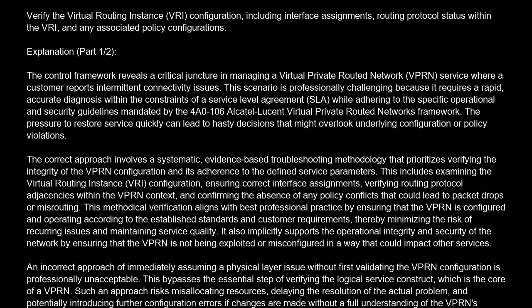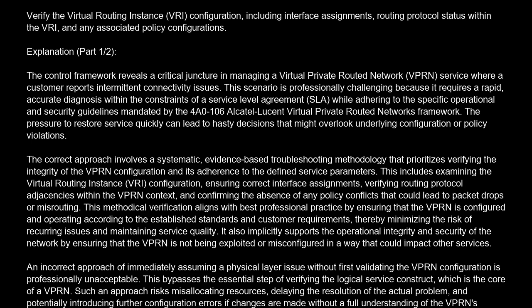The correct approach involves a systematic, evidence-based troubleshooting methodology that prioritizes verifying the integrity of the VPRN configuration and its adherence to the defined service parameters. This includes examining the virtual routing instance (VRI) configuration, ensuring correct interface assignments, verifying routing protocol adjacencies within the VPRN context, and confirming the absence of any policy conflicts that could lead to packet drops or misrouting.